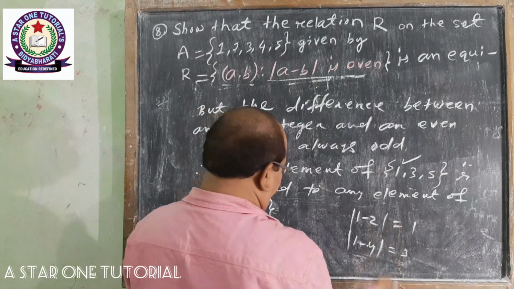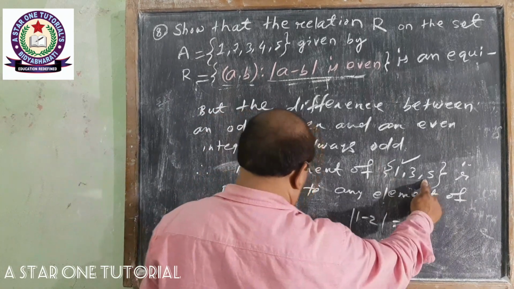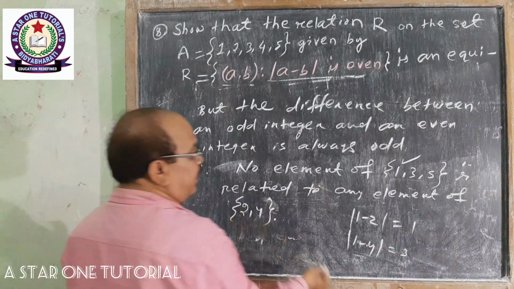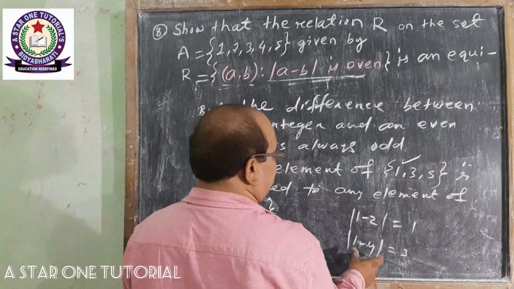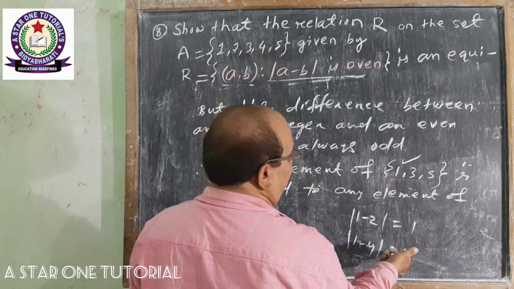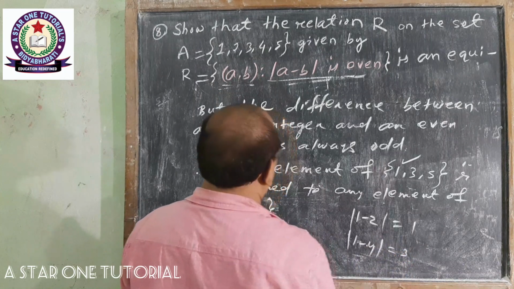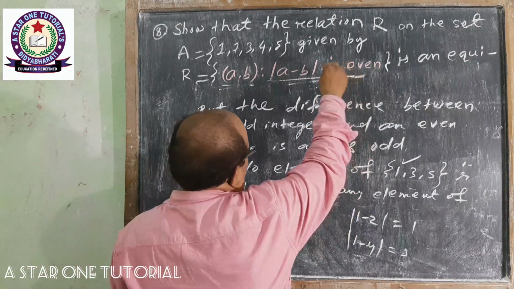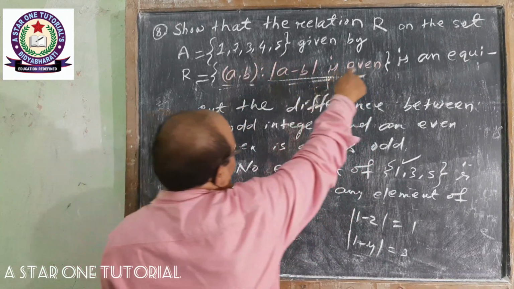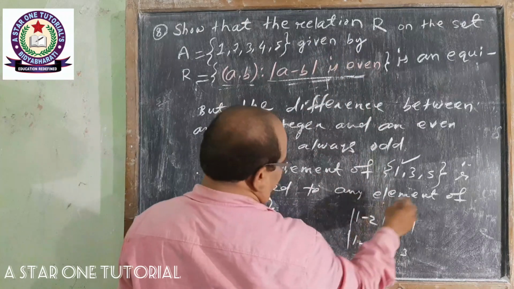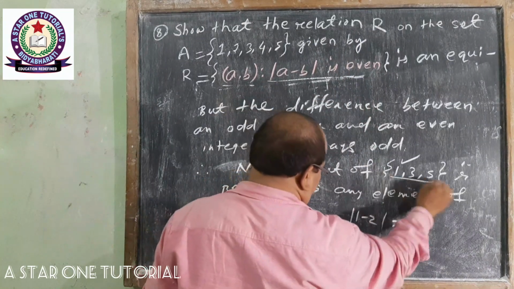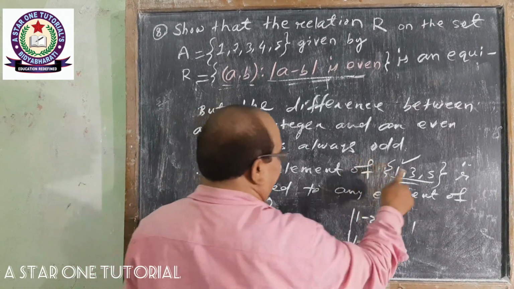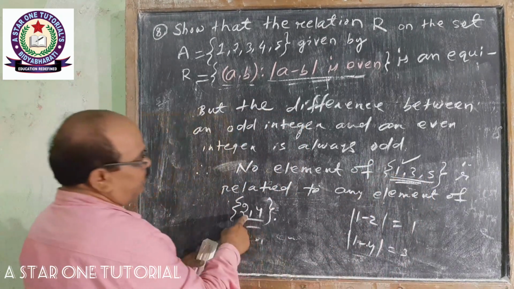So if you take any element of this set and any element of this set, make a pair, and take the difference between them and also their modulus, you will get an odd integer, not even. But the pair should be such that the difference between the two elements is even. But the difference between any element of this set and this set is not even. Therefore no element of this set is related to this set.